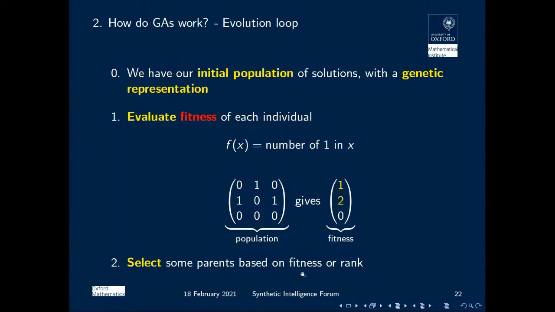One other way is to use fitness or different measures of fitness. And you could say that one individual's probability of being selected as a parent could be equal to the relative fitness of this individual over the full population. So here the full fitness would be 3, and this individual would have 1/3 probability of being selected, and this one 2/3.